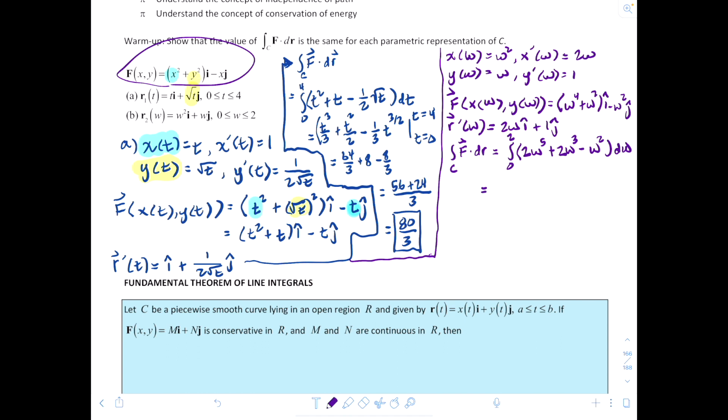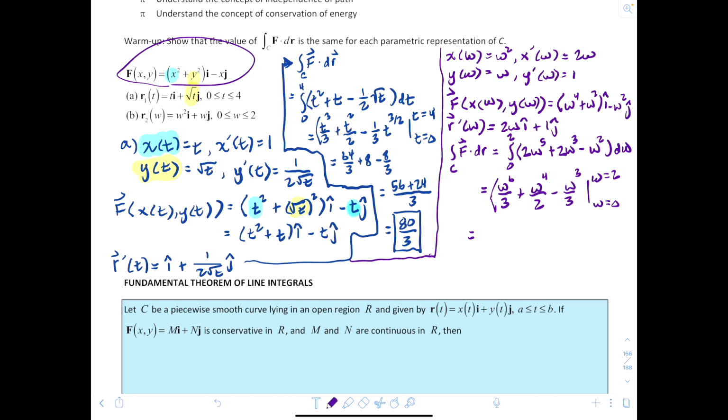And so that's going to be w to the 6th over 3 plus w to the 4th over 2 minus w cubed over 3, going from w is 0 to w is 2.